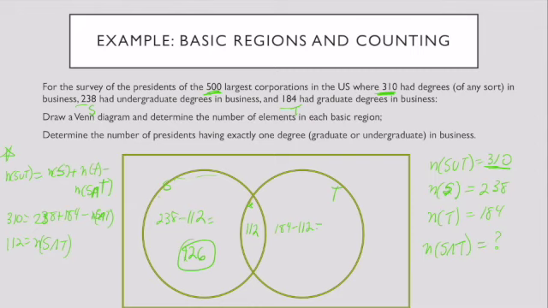That gives me 72. So that's how many elements are just in T. And I've got my universe out here, which was the 500 largest corporations. I have 310 represented in our union, which means I have 190 outside.